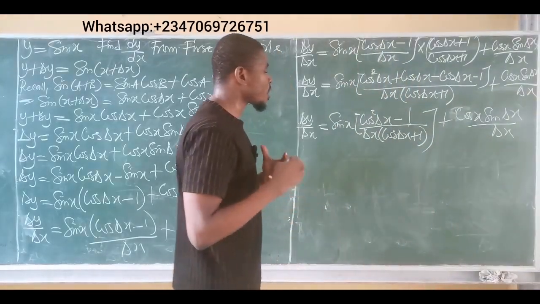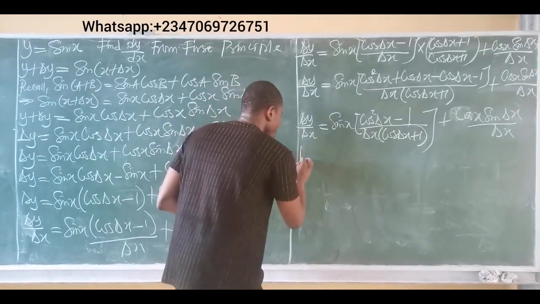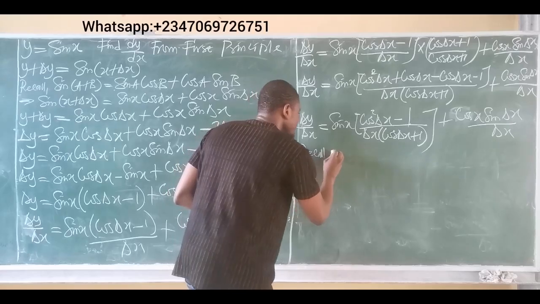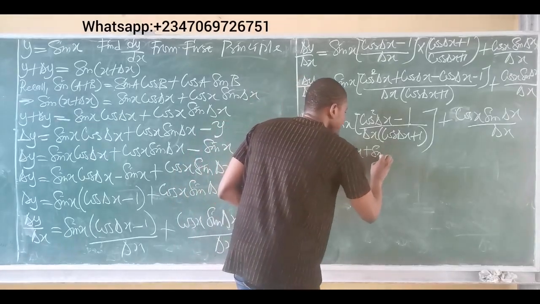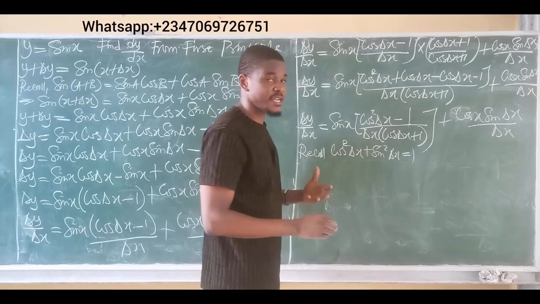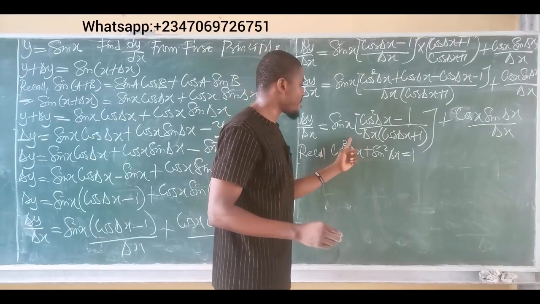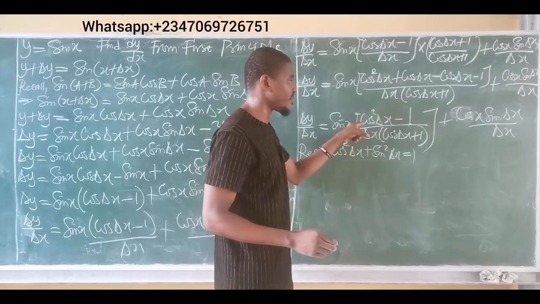At this point, you recall another trigonometric identity which states, recall that cos squared change in x plus sine squared change in x is equal to what? 1 from trig identity. So which means we can make cos squared change in x subject and obtain a value for it in place of here.